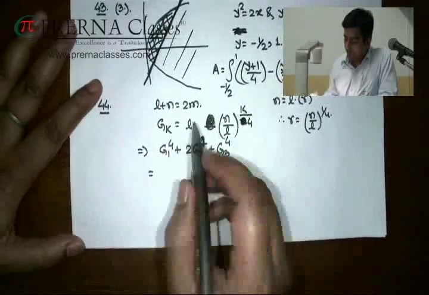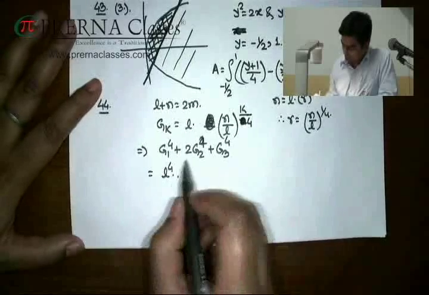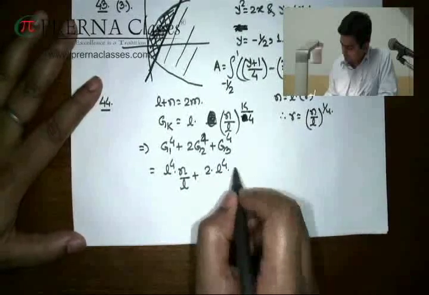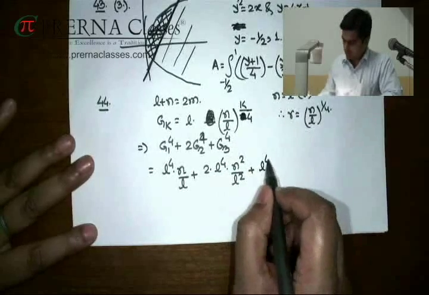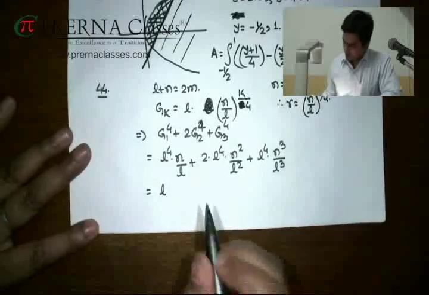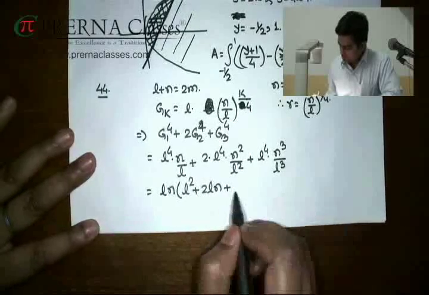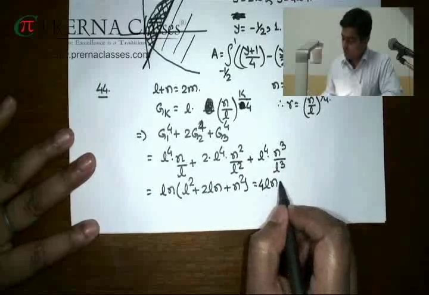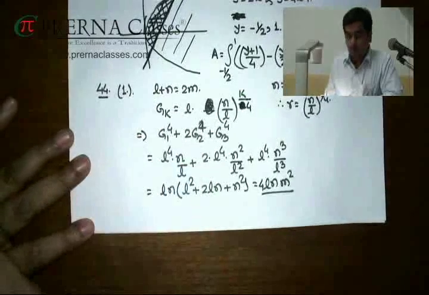You can check then all these fourth powers of the GKs are going to make that expression, then the value of G3 to the power 4 would be, out of which you can check if I take Ln common, I should be getting L square plus 2Ln plus N square, which is equivalent to Ln, and then this is the whole square of 2m, which is going to make it 4 Ln m square, which is matching with option 1 of that problem.